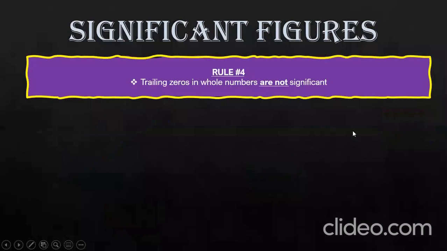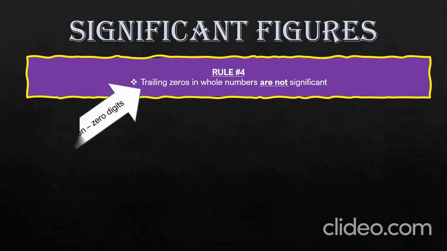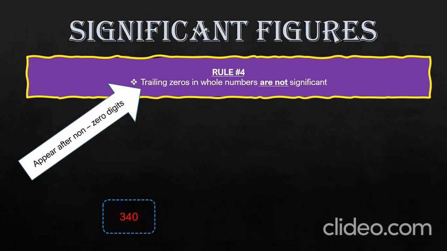The next point we'll look at is that trailing zeros in whole numbers are not significant. And so our trailing zeros are the zeros that appear after non-zero digits. So 340, this 0 here is a trailing 0. It's not significant, it's just a placeholder.